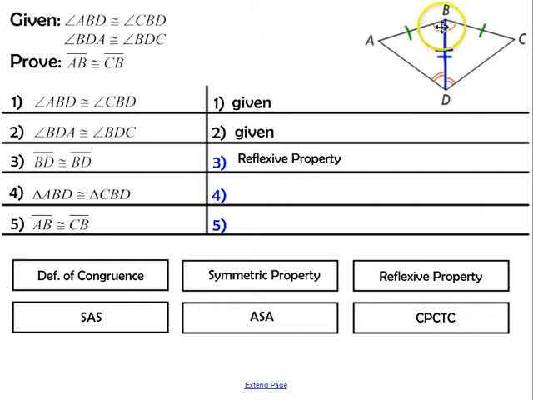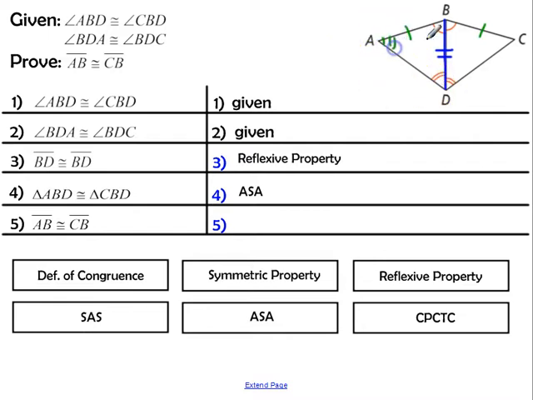Now the reason why it's angle side angle, remember these green tick markings, we don't know that yet. That's what we're trying to prove. So you can't consider that when you're trying to decide how the triangles are congruent. So the information we have are angle, side, angle. Now, once we've proven that the two triangles are congruent, we can actually say all the rest of the sides and angles that are corresponding are congruent.